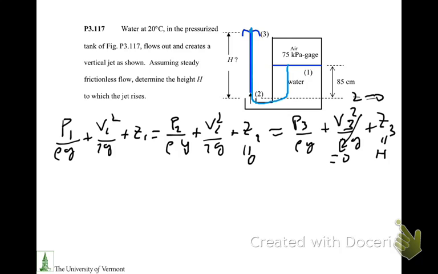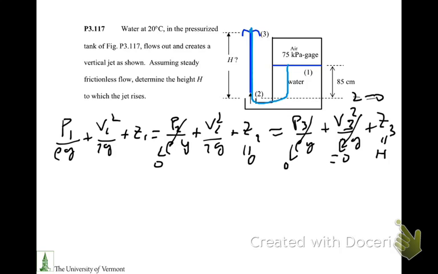At the top of the jet we have gauge pressure, so P3 is equal to 0. The jet at the exit of the pipe is at atmospheric pressure, so gauge pressure is 0.